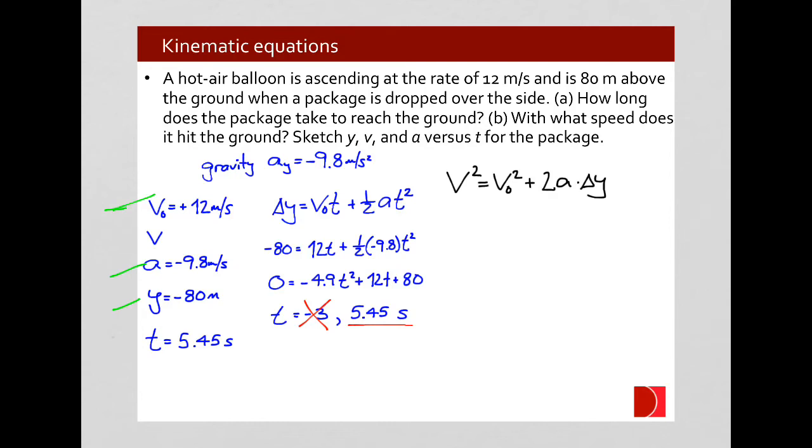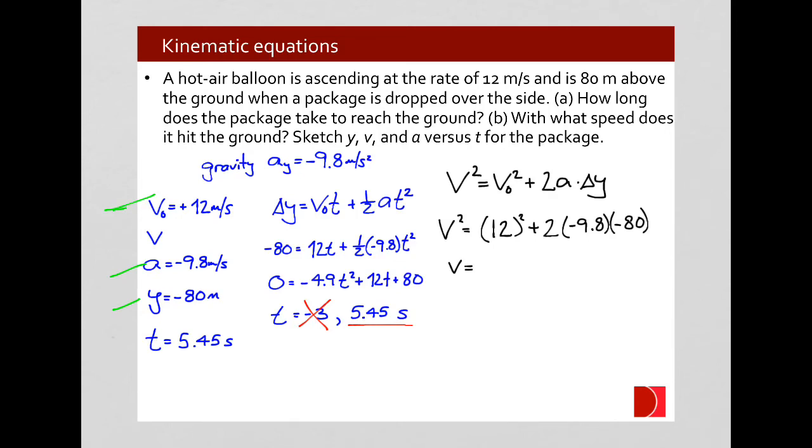We can plug in the values that we know. We want to be careful to use the correct signs of our values. So negative 9.8 when necessary, negative 80 meters when necessary. And from here, we can find our velocity.